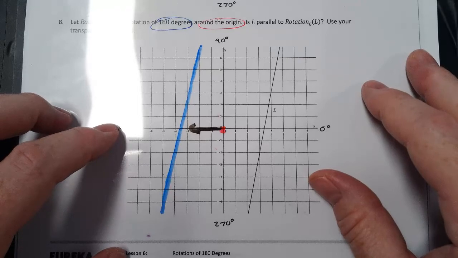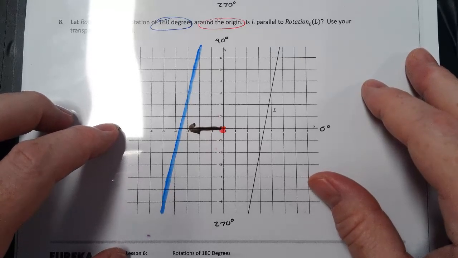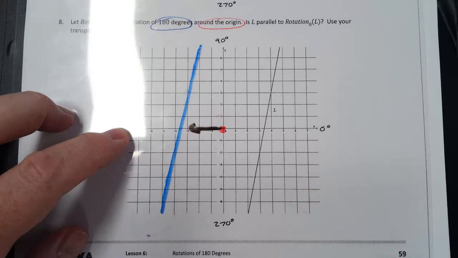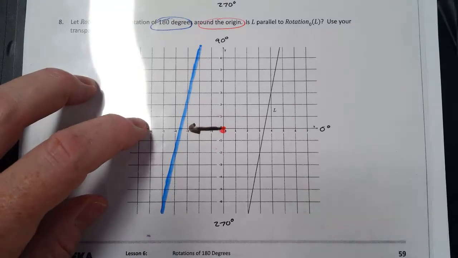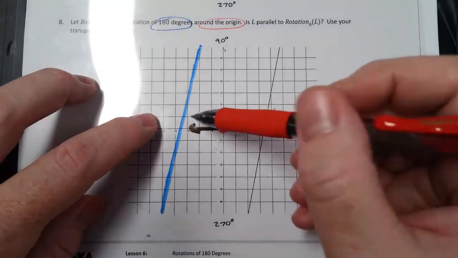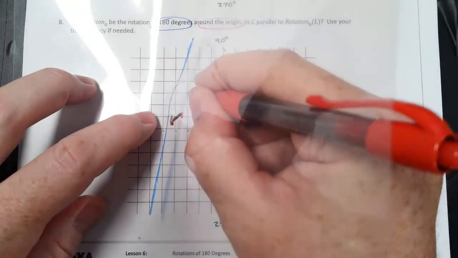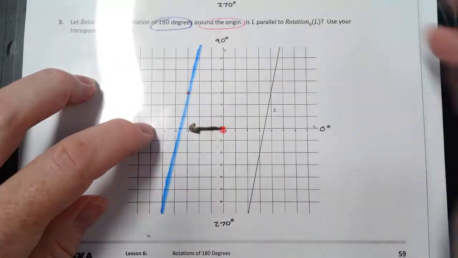And if you look at that, you see that, hey, guess what? They look awfully parallel. Let's draw the line. So I see it looks like the line goes at -3, 3, so I'm going to put a point at -3, 3.